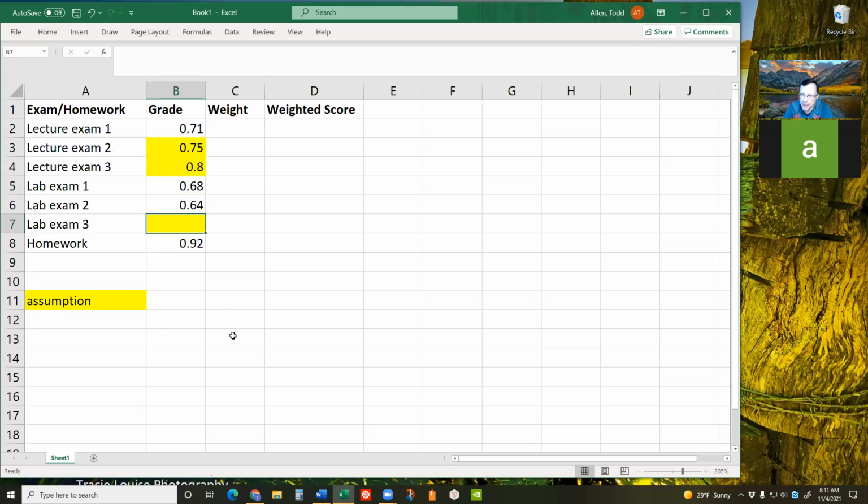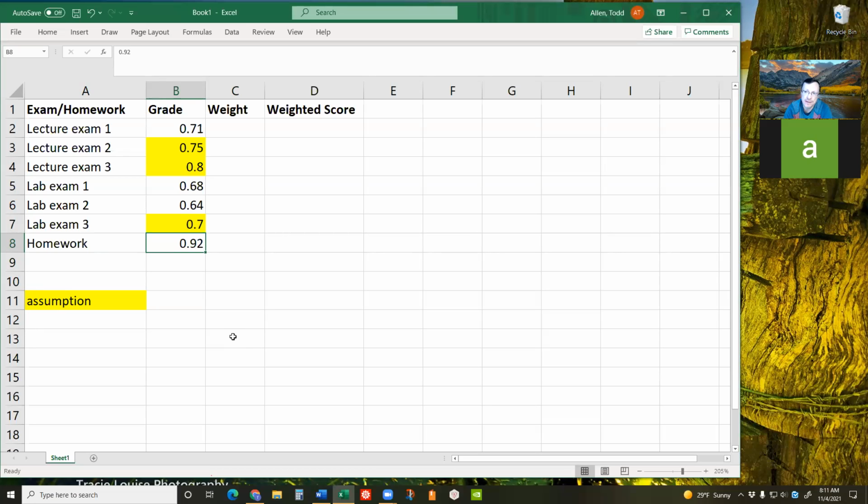If I continue to really work hard on it, what do I think I can get on the 3rd lab exam? I'm going to put in an educated guess here of 70%. So everything in yellow right now is an educated guess because you haven't taken these exams yet.